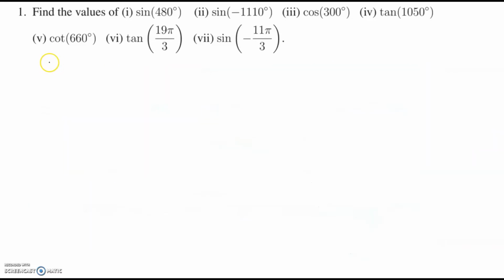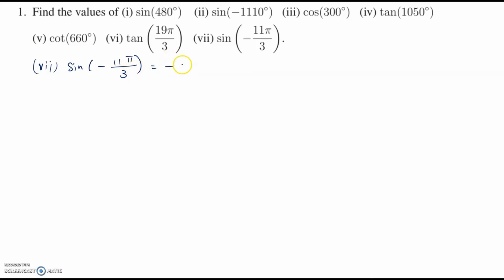Now for the last question, which is sine of minus 11 pi by 3. So we can take the minus out because sine of minus theta is minus sine theta.